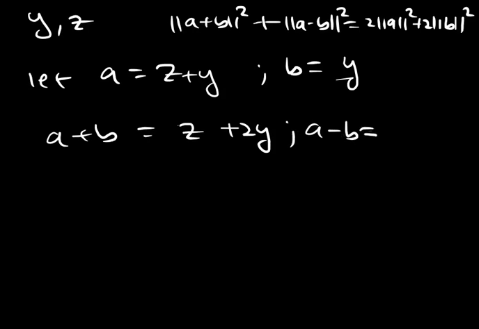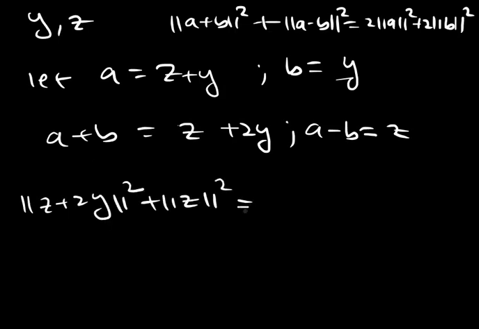A minus b is equal to z simply. Okay. And then we have norm of z plus 2y whole square plus norm of z whole square is equal to 2 times norm of z plus y whole square plus 2 times norm of y whole square.